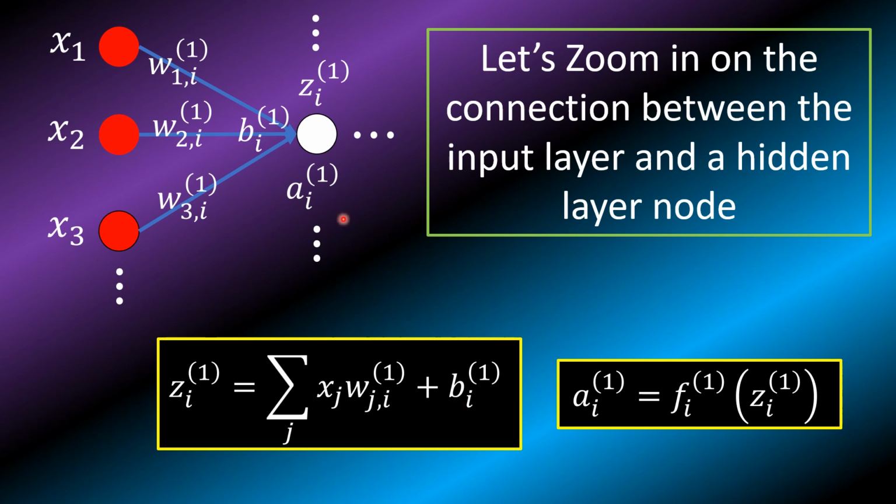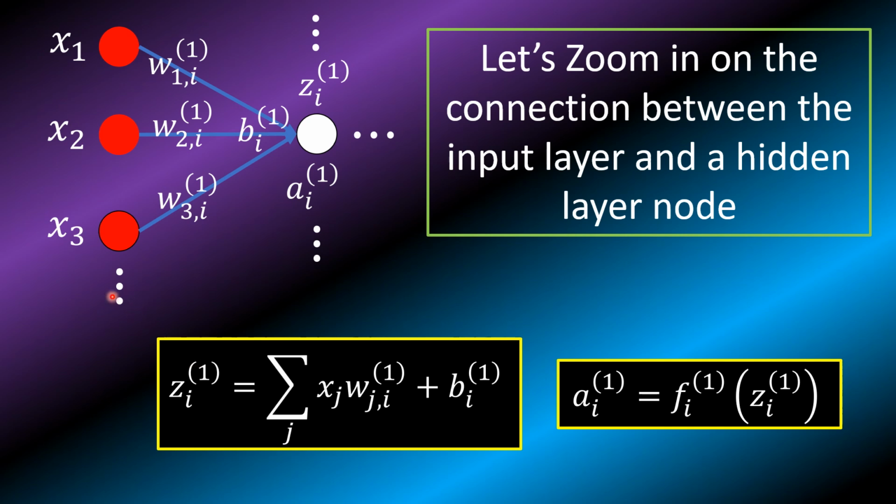And then you also have what is called an activation function. You can think of it like how the neuron is going to activate in response to that signal, z sub i. It's going to be a function of z sub i, or z sub i superscript 1 if you want to be more technical, because that corresponds to the first layer.